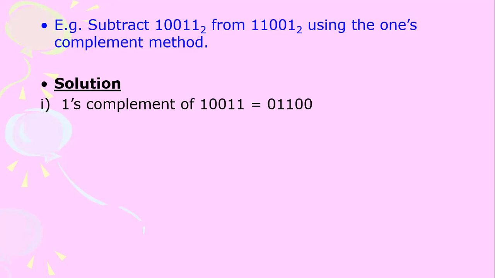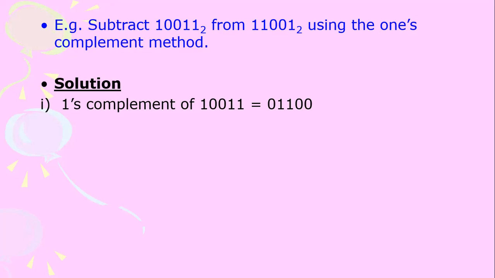When you are working out the 1's complement of a binary number, you convert 1's to zeros and zeros to 1's. So you alternate the values.